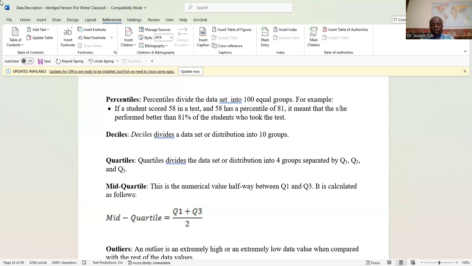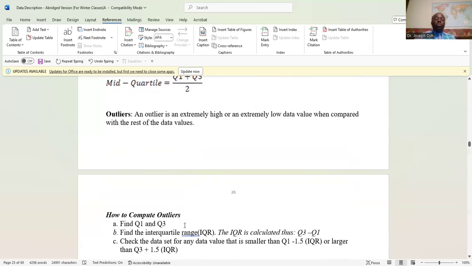Then the midquartile is basically a rough estimate of the second quartile, and we use the formula to find it: Q1 plus Q3 over 2. Now, outliers, we don't use them if you are working on a distribution that is not symmetric.